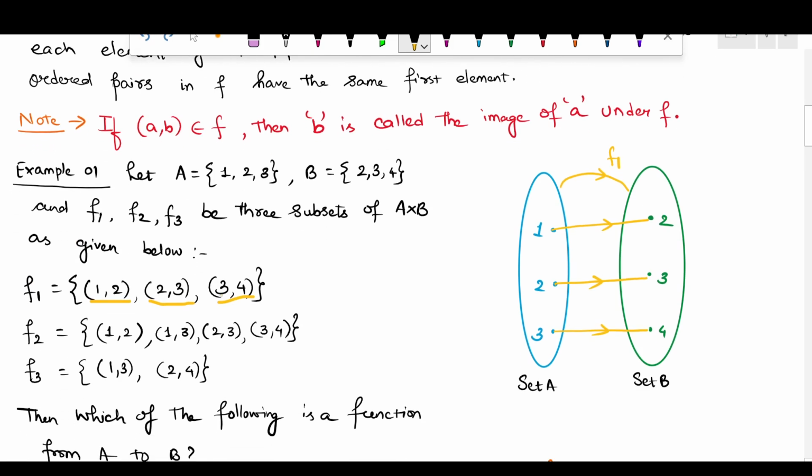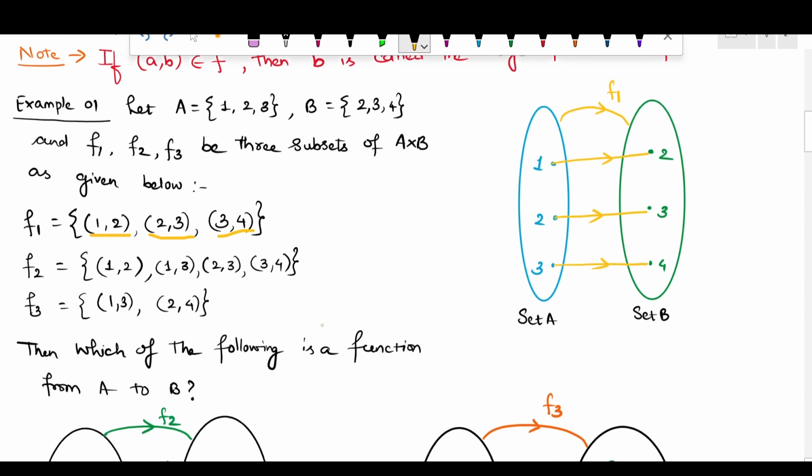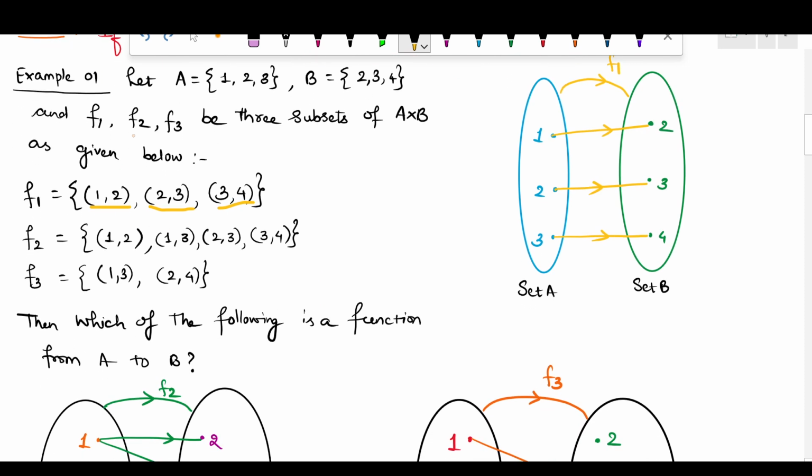Now check for F2. See, F2 consists of these ordered pairs: (1, 2), (1, 3), (2, 3) and (3, 4). Now see here, (1, 2) and (1, 3) means two ordered pairs have the same first element, which is 1.